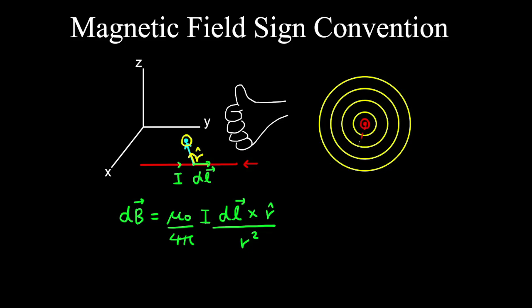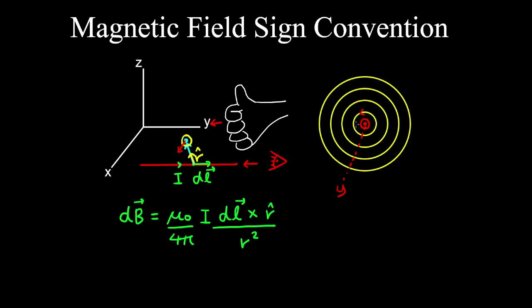So this here is the positive y direction that we're looking from. So as we can see, the magnetic field vector points in the positive x direction. So if we're looking at the magnetic field vector from this direction, then we're going to see it pointing to our left.